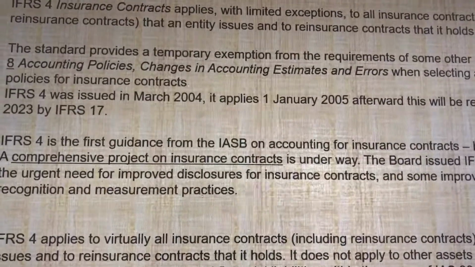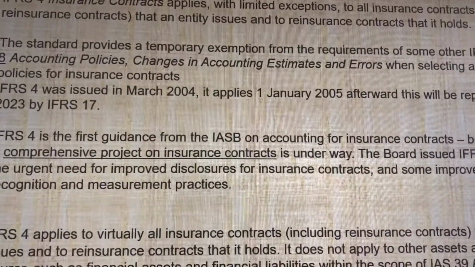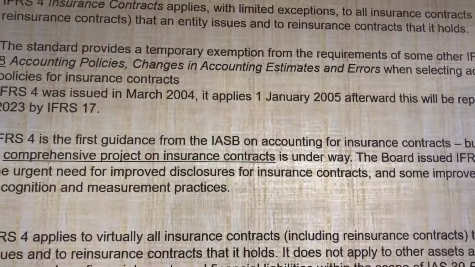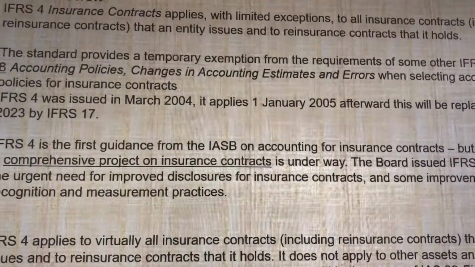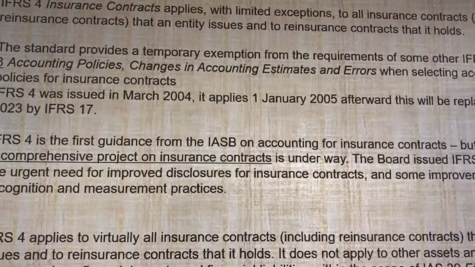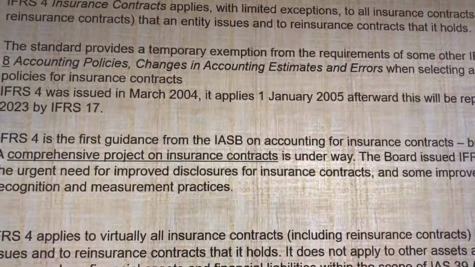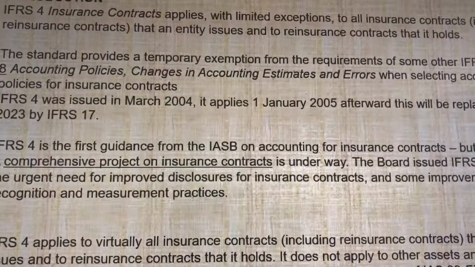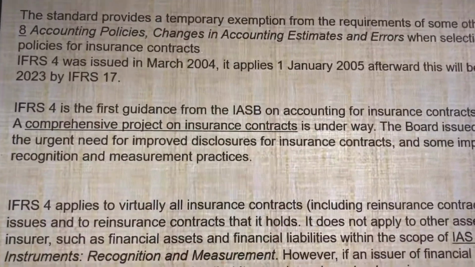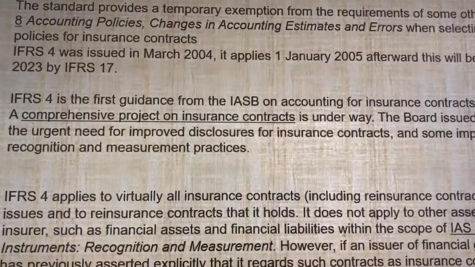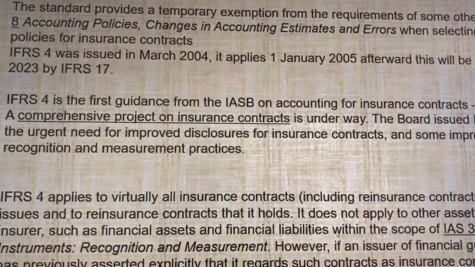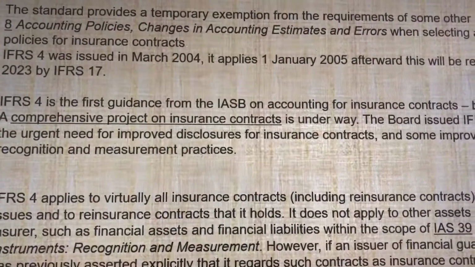And also this IFRS was issued in March 2004 and it applies from January 2005, and therefore it will be replaced in 2023 by IFRS 17. So IFRS 4 is the first guidance from the IASB, that is the International Accounting Standards Board, on accounting for insurance.